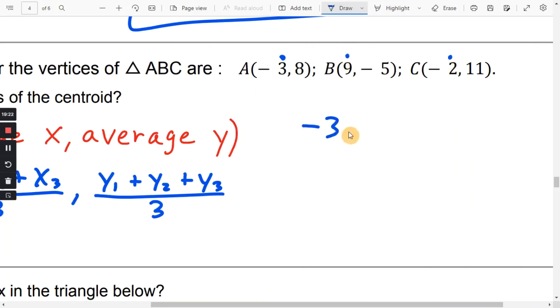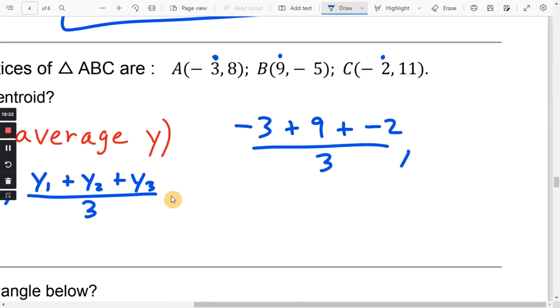So -3 plus 9 plus -2, that's divided by 3. And the average y, you do the y's, 8, -5, and +11. 8 plus -5 plus +11, all divided by 3.